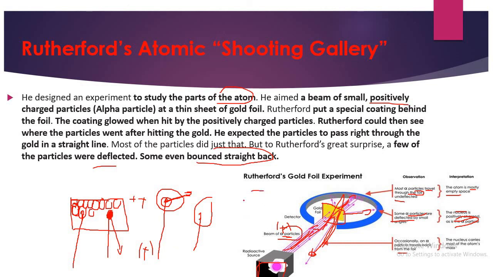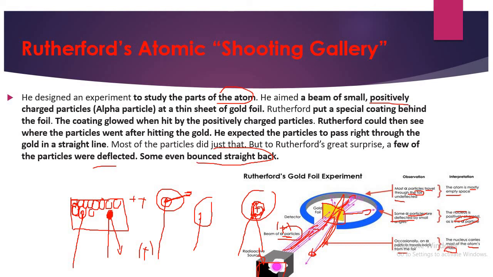Let's imagine this is an atom containing a nucleus. Inside the nucleus there is a positive charge, and the rest of the atom is like this. When the alpha particles hit the dense nucleus, they will travel backward. So the nucleus carries most of the atom's mass.